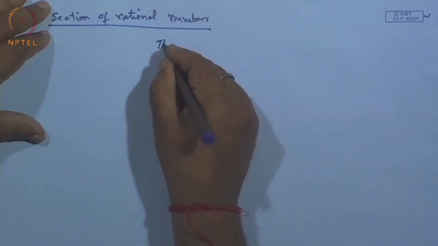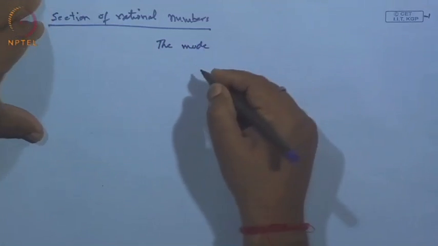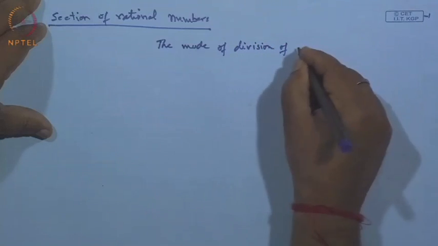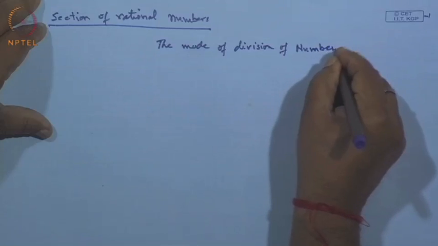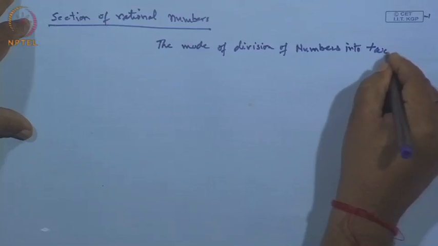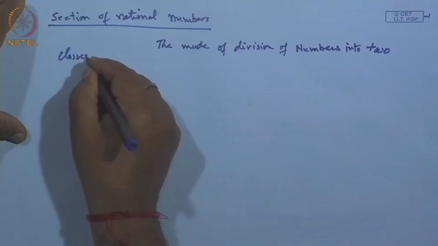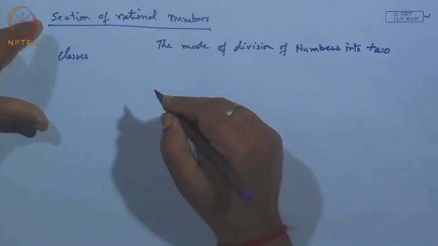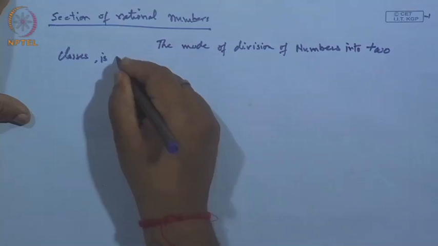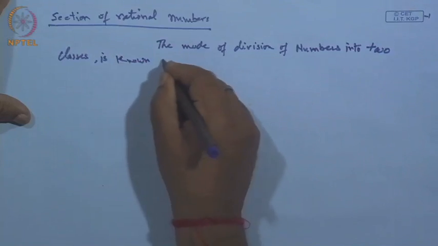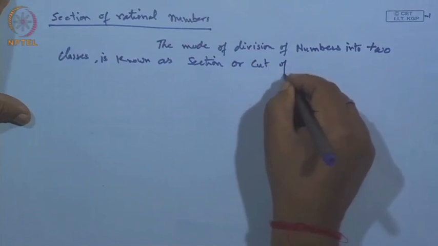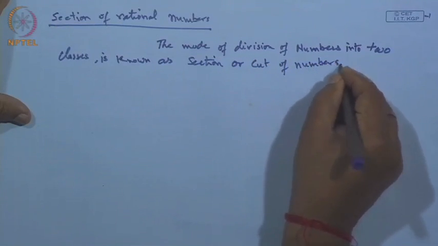So, the mode of division of numbers into two classes in different ways is known as the section or cut of numbers. Clear?